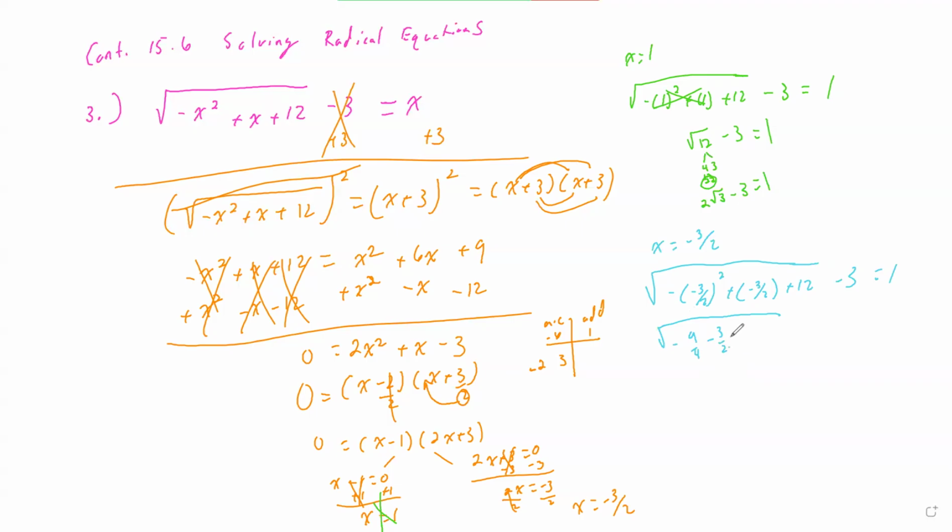So if I multiply both these by 2, that would become 4 and 6. Yep. And then negative 9 minus 6 would give me negative 15 over 4. Plus this 12 that's been kind of riding around. And then minus 3.